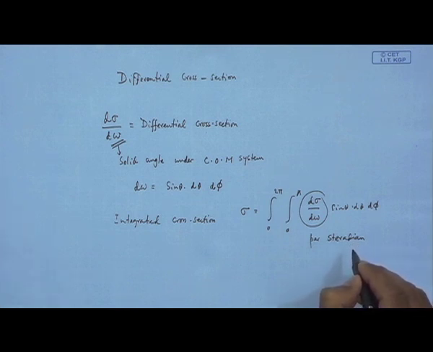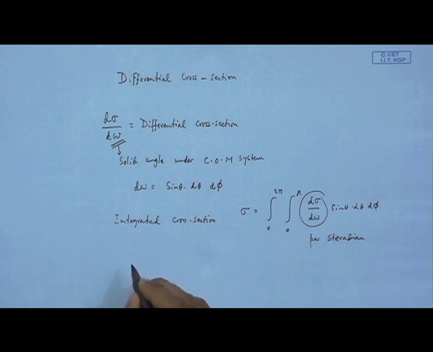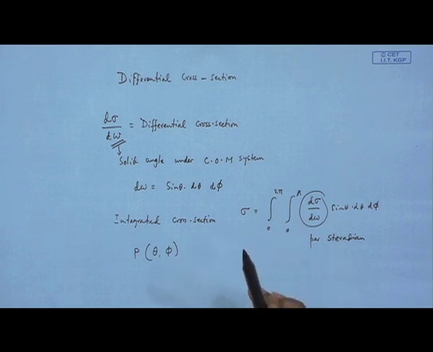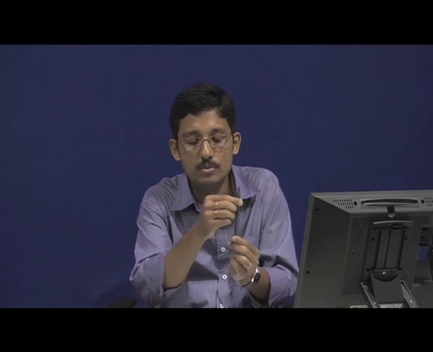So the angular distribution of products, that is the distribution function, will be expressed as p theta phi, because it is in 3 dimensions. Since you are detecting your reaction product in 3 dimensions, with respect to your z axis you have one angle theta and another angle phi.